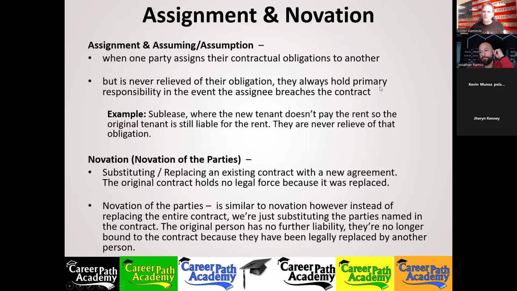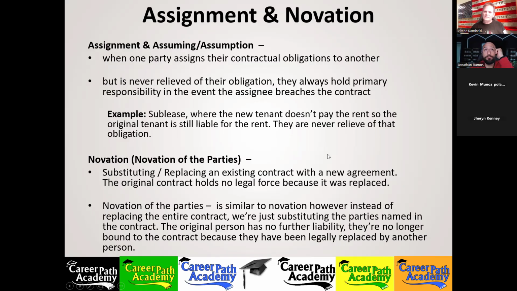They always hold the primary responsibility, even if it was subletted to someone else who assumed their obligations. So the example there is a sublease where a new tenant doesn't pay the rent, so the original tenant is still liable for the rent. They're never relieved of that obligation.